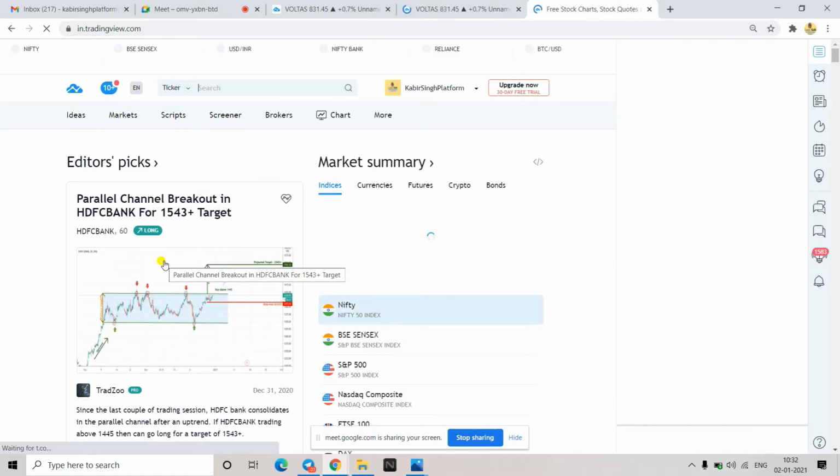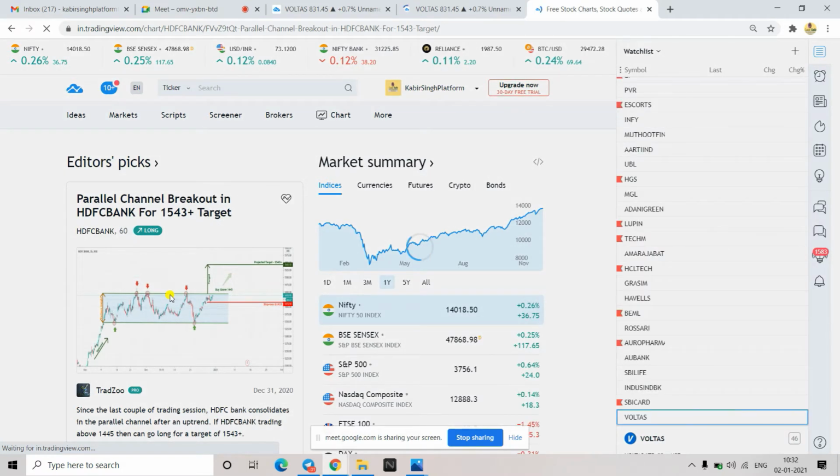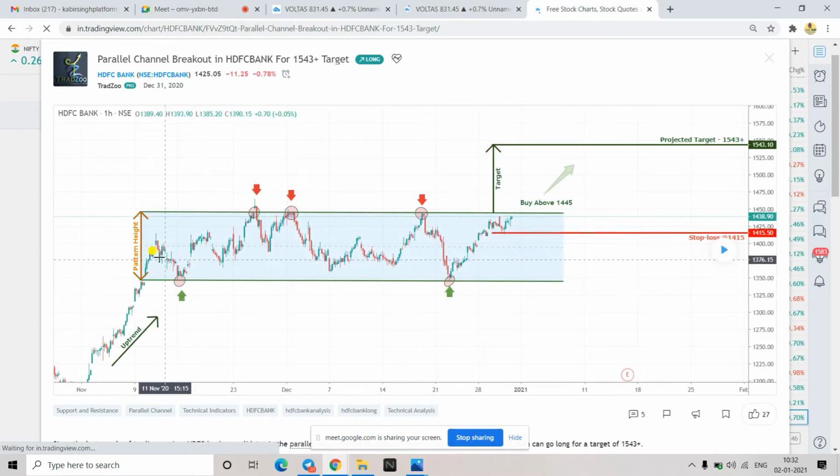Somebody has already posted about a parallel channel, so I'll show you this also. If you could see, this is also a kind of parallel channel.